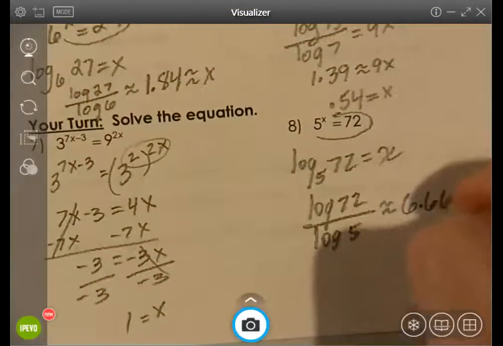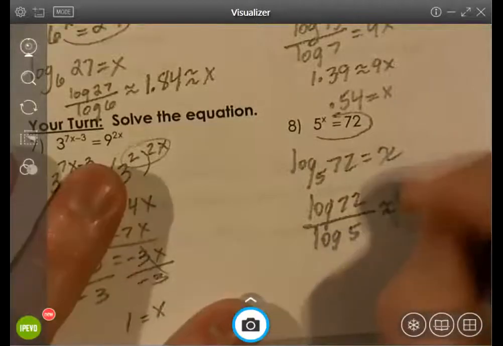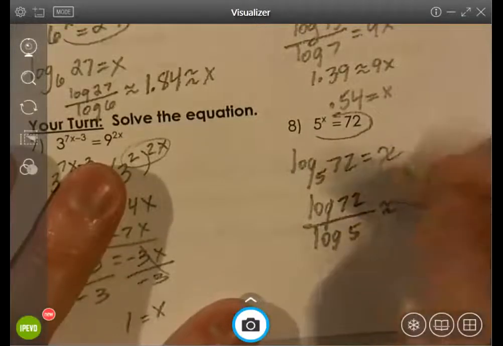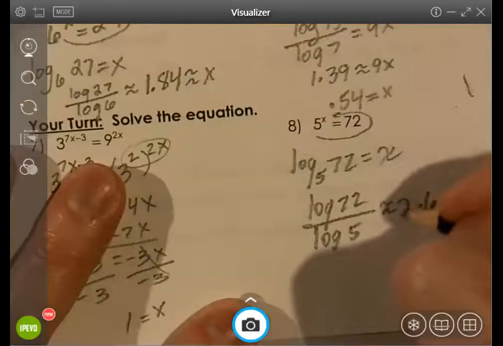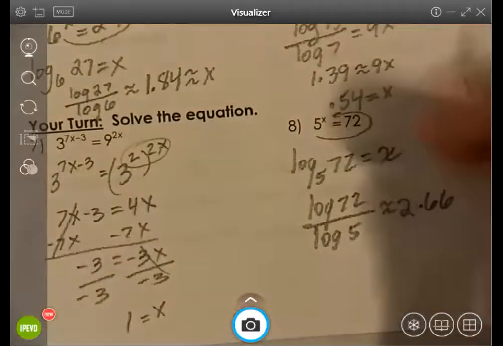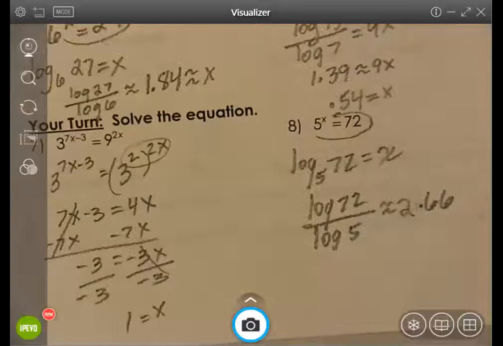Actually 2.66, sorry. 2.66. That is your value of x.